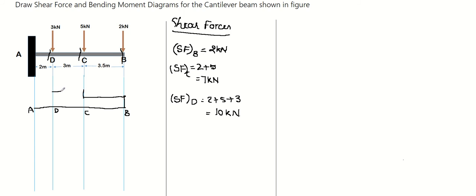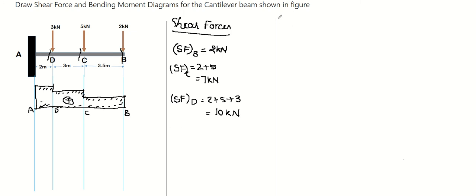There is no force between C and D, so the same force continues up to D. Again at D, you can see a force of 3 kilonewton is suddenly added, and there is no force between A and D, so the same will continue up to A. This is all positive shear force. So we are done with shear force.